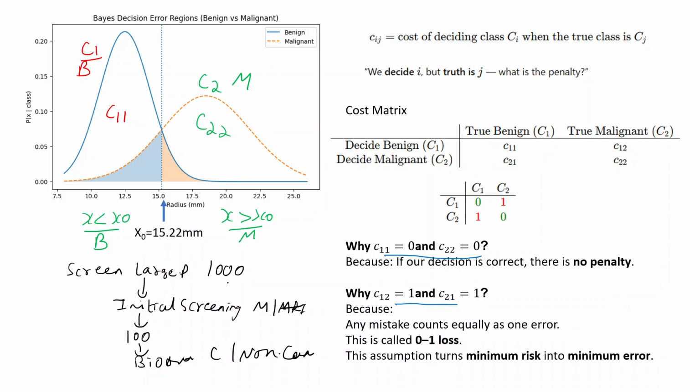Initially for 1000 we don't have to do this biopsy, because we can filter and then make a final decision whether it is cancerous or non-cancerous.